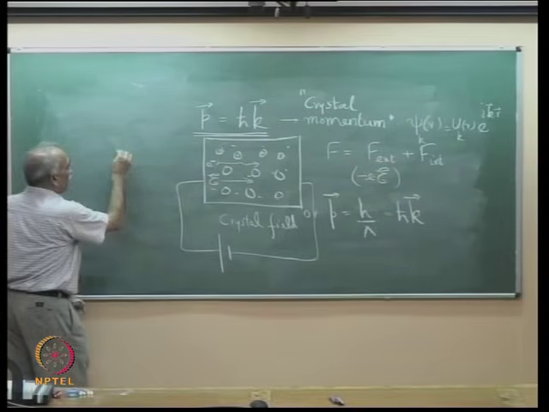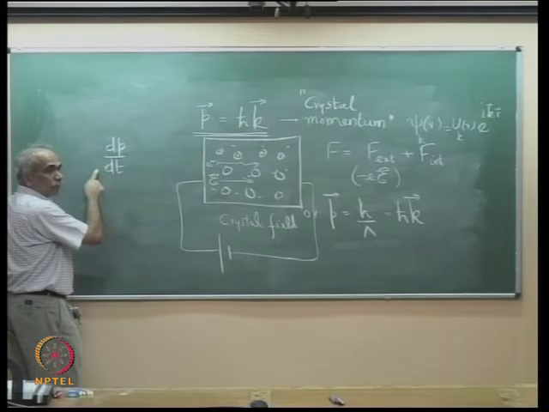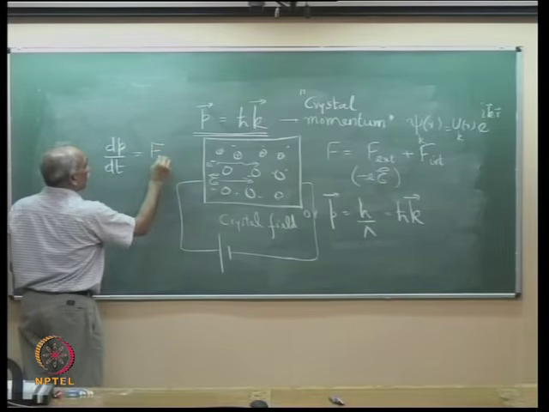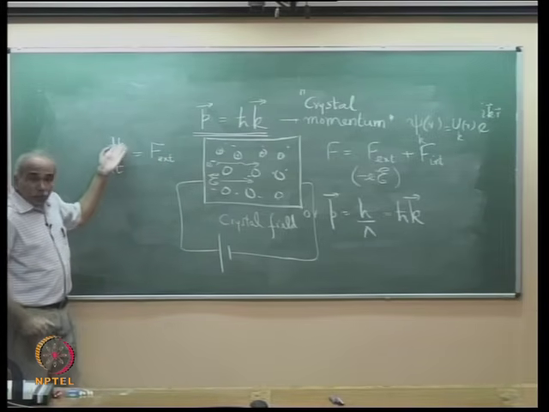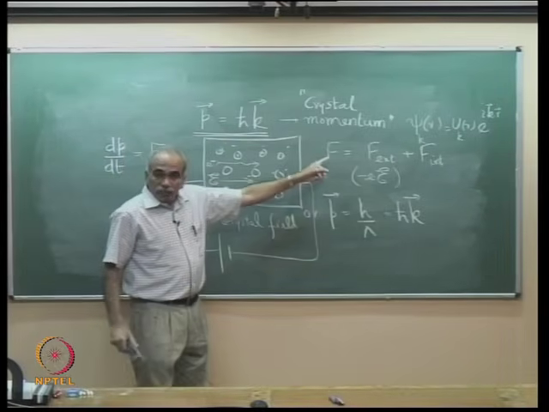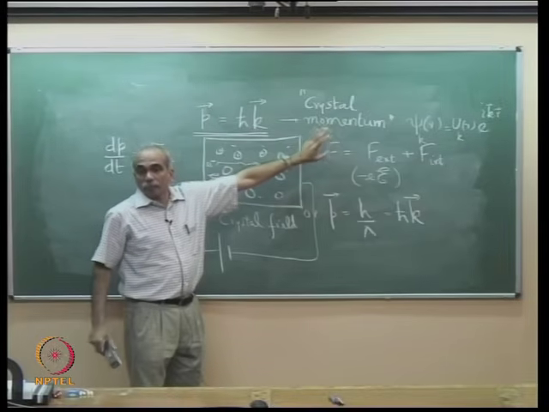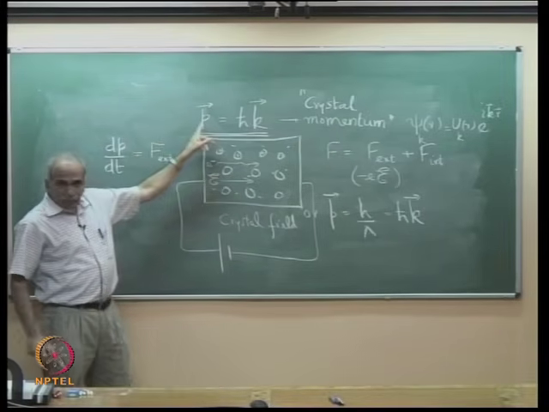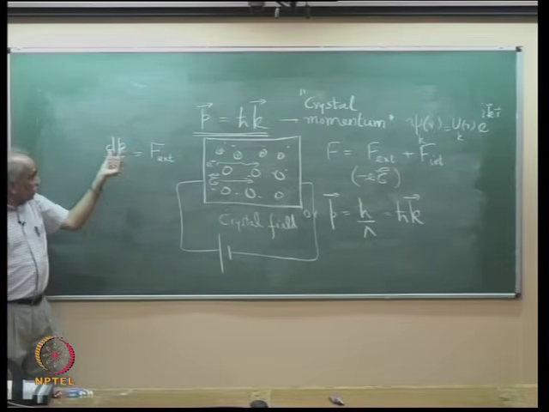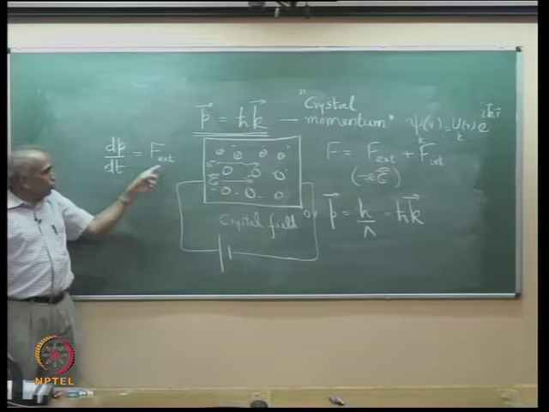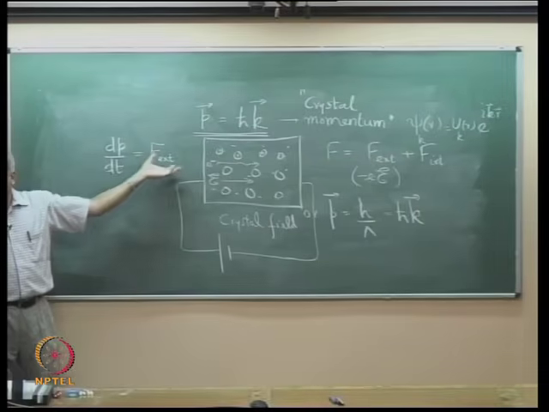In other words, dP by dt, the rate of change of momentum, is equal to F external. Normally, if P was the total momentum, force must have been equal to dP by dt. But if you define P by h cross k, the crystal momentum, then it responds only to the external force, and you can write dP by dt is equal to F external.